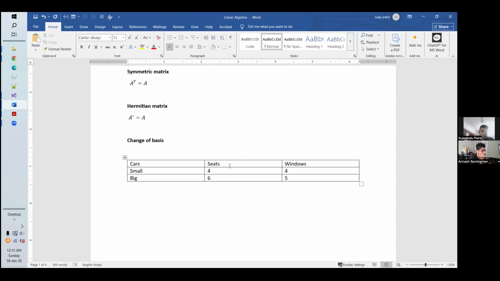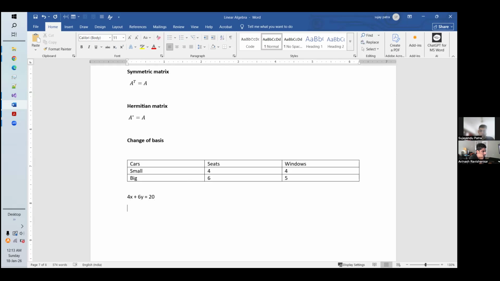Now suppose I want some cars to carry 20 people, and I can use different numbers of small and big cars for that, right? Yes. So let's say I have X small cars and Y big cars. That means I need 4X plus 6Y equals 20.